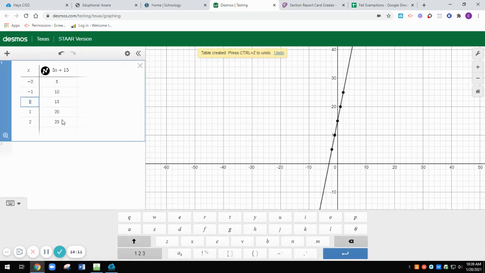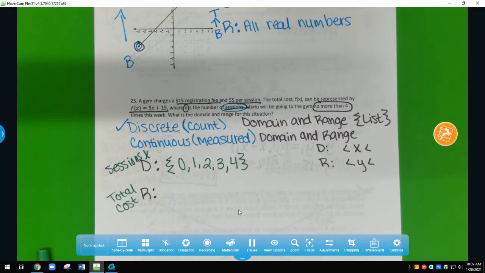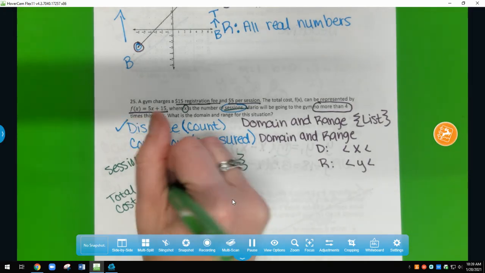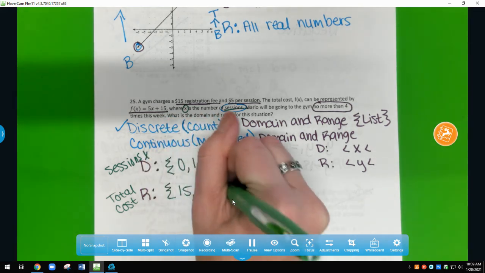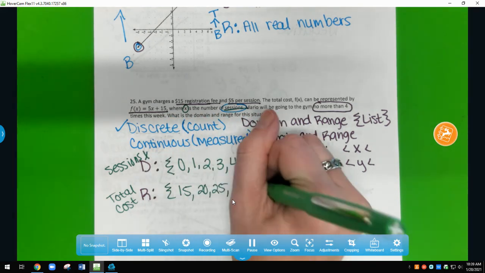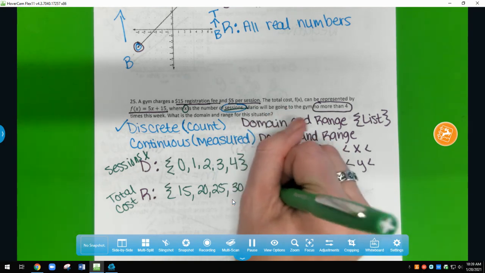Okay, I'm looking at 0, 1, 2, 3, and 4. Okay, so I'm looking at the y values because I'm on range. So they would be 15, 20, 25, 30, and 35. So when I'm listing, I would have 15, 20, 25, 30, and 35.